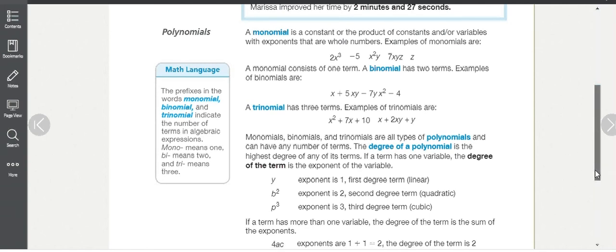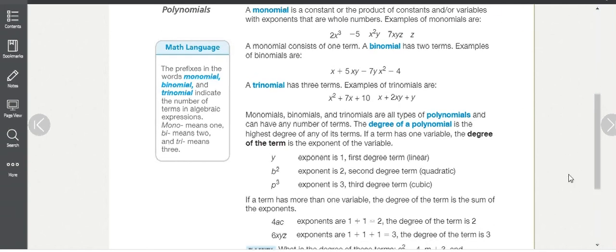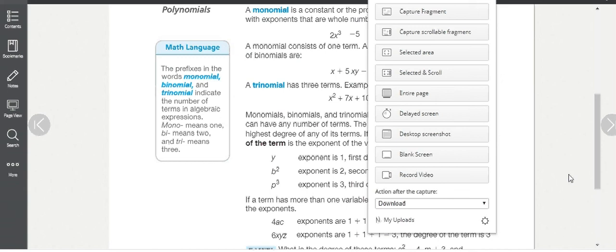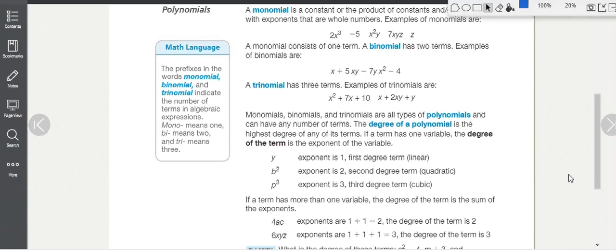For example, 2x to the third is just one term. You have more than one term when you see a plus or minus sign linking them. But there's nothing linking this one to anything. It's just negative 5. These are all separate terms, all monomials of their own.